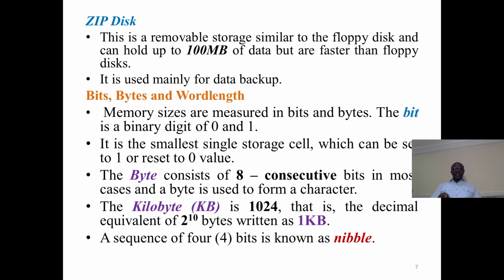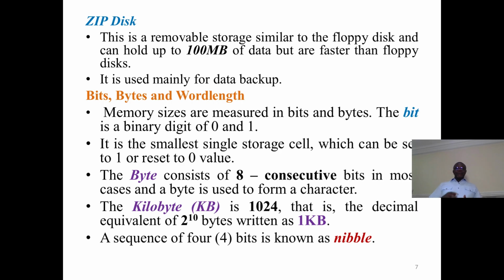It is the smallest single storage cell which can be set to 1 or reset to 0 value. The byte consists of 8 consecutive bits, and in most cases, a byte is used to form a character.